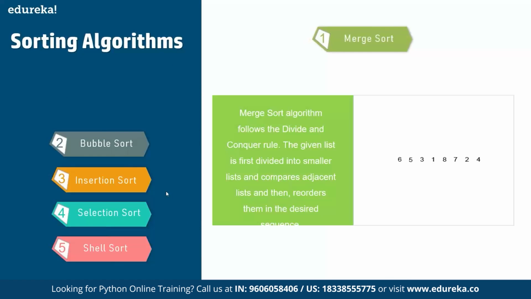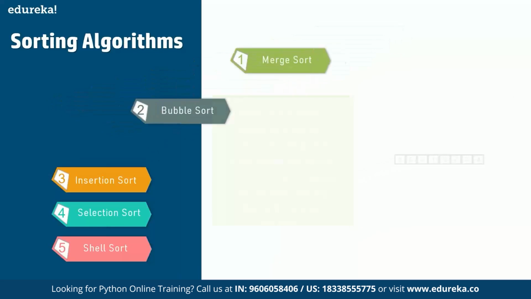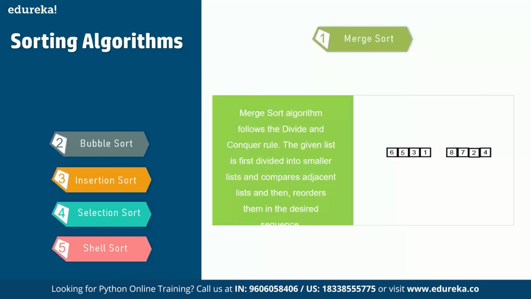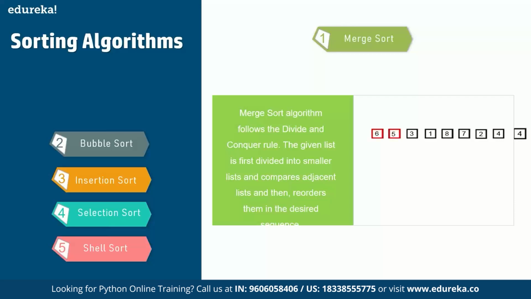If we talk about merge sort, the merge sort algorithm follows the divide and conquer rule. Here the given list of items is first divided into smaller units, until it reaches a point where each list consists of exactly one item.